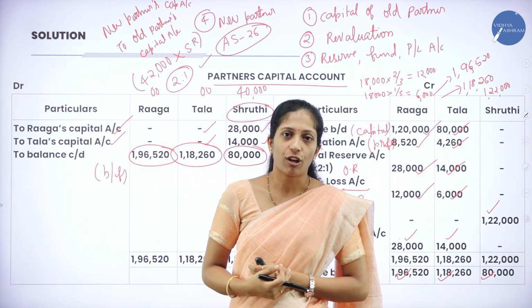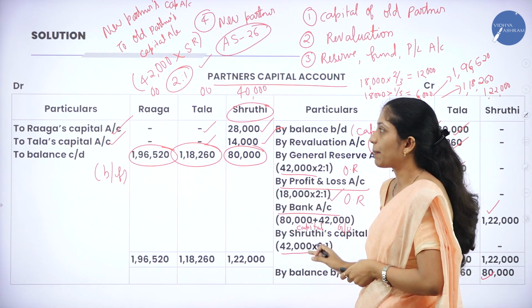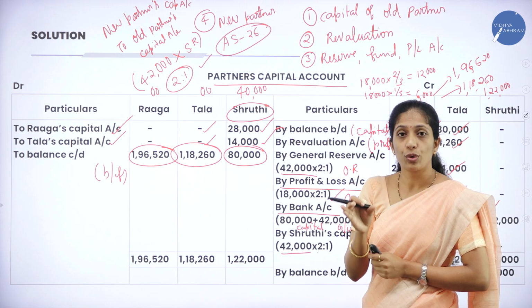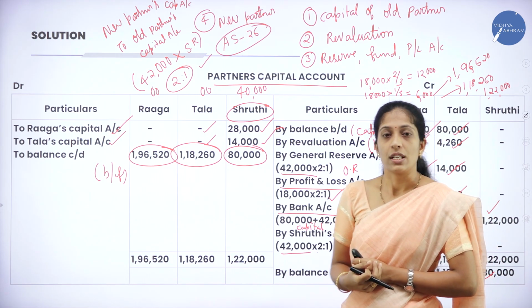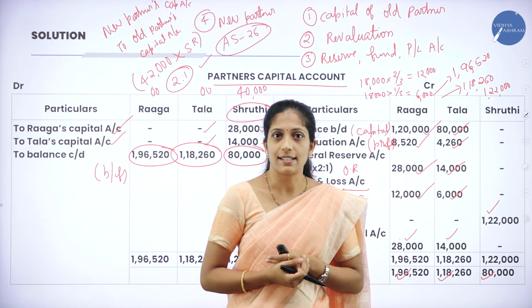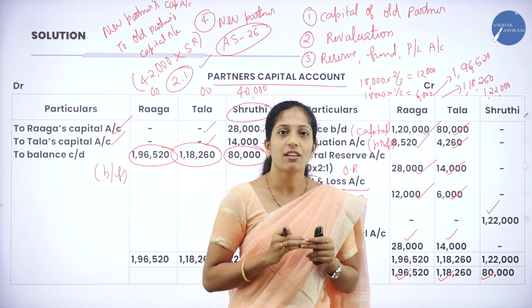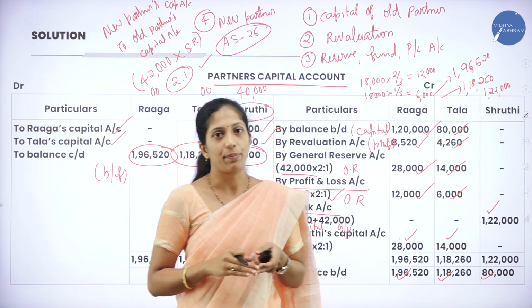Then the treatment of goodwill as per Accounting Standard 26. So your entry will be new partner's capital account debit to old partners' capital accounts. You will distribute the goodwill brought by the new partner in their sacrifice ratio. Suppose the sacrifice ratio is not given, then the old ratio itself is considered as the sacrifice ratio. Then you balance both sides and the balancing figure has to be carried down. So this is about the partners' capital account.